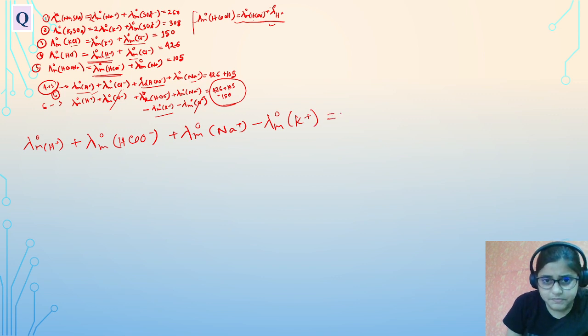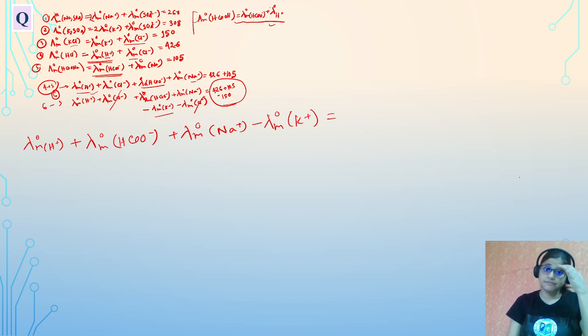See, this is what the value will be. 426 plus 105 minus 150. The value will be now 380.